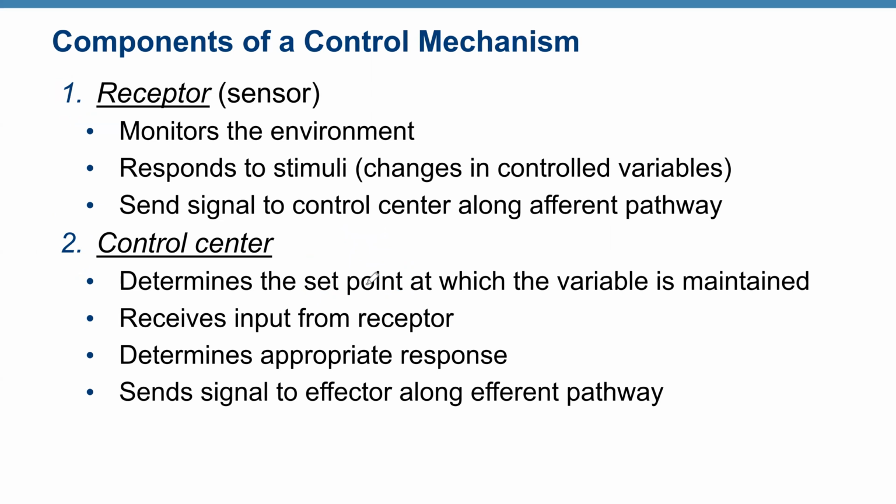And how much above is the temperature? So that's why the control center will determine the set point at which the variable is maintained. It will receive input from the receptors, determine the appropriate response, and send signals now to the effector along the efferent pathway.